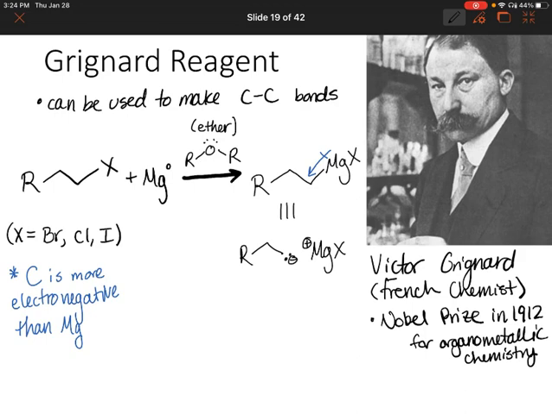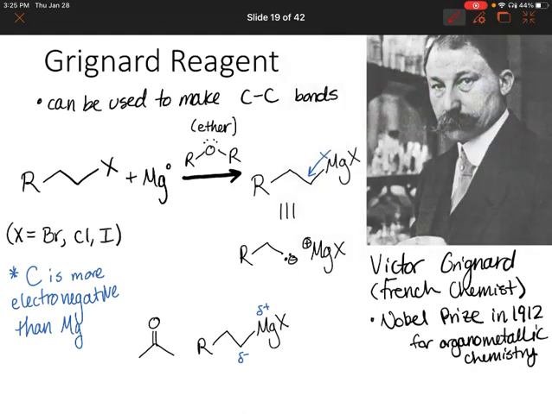Now, because we have that distribution of electrons towards carbon, we can react that negative carbon with something that's partially positive or fully positive. So let's say we have a ketone, and we'll draw acetone here, and we react this with our Grignard reagent. Again, the carbon is partially negatively charged, and the magnesium is partially positively charged.